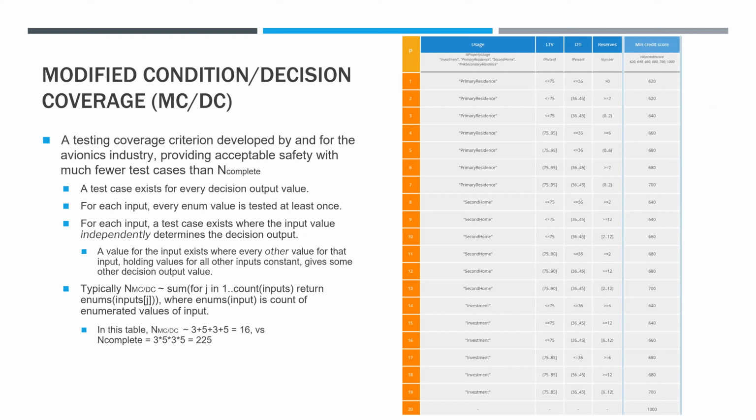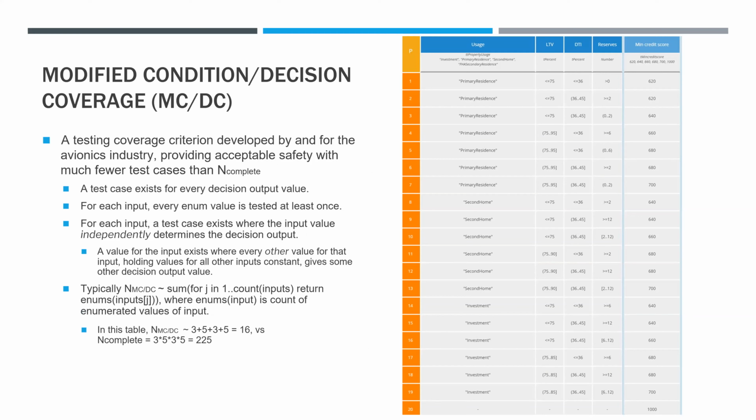So in the field of automated software testing, one solution to this problem in general is called Modified Condition Decision Coverage, or MCDC. It comes out of the field of avionics, where safety is paramount and complete coverage is usually impractical. The rules of MCDC are as follows.